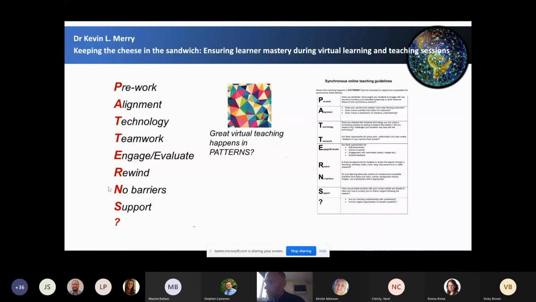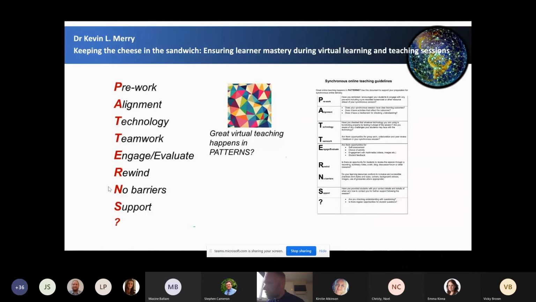So in response to that, we created a mnemonic to help them remember some of the key ideas around the cheese sandwich when they were designing and delivering their online learning and teaching sessions. So Patterns was created, and that stands for pre-work, alignment, technology, teamwork, engage, evaluate, rewind, no barriers, and support.